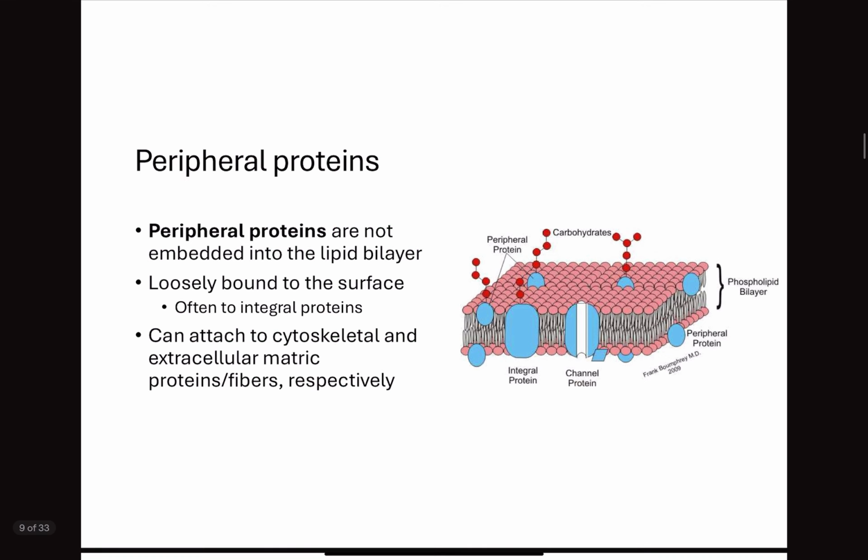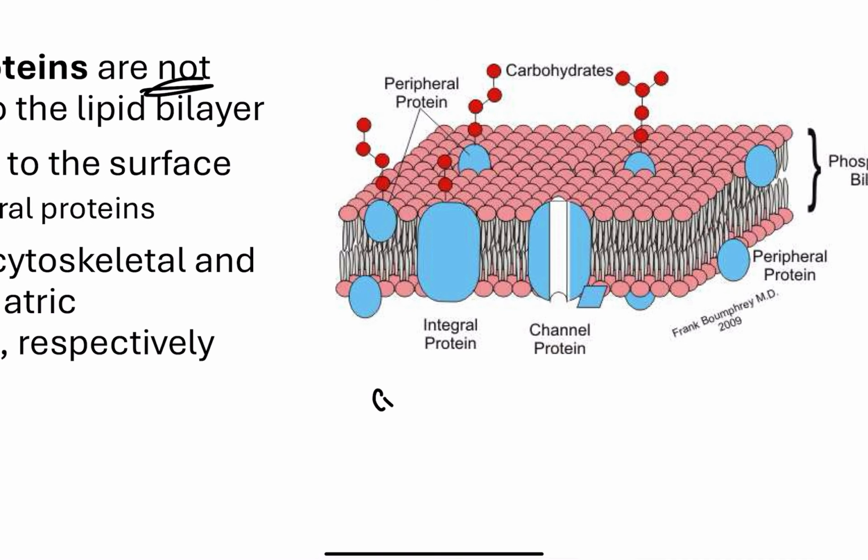So moving on to our peripheral proteins, they are not embedded into the lipid bilayer. Instead, the peripheral proteins are loosely bound to the surface and often to integral proteins. When we're looking at this cytoplasmic side of the bilayer, the intracellular side, we're going to see some membrane proteins that are attached to the cytoskeleton.